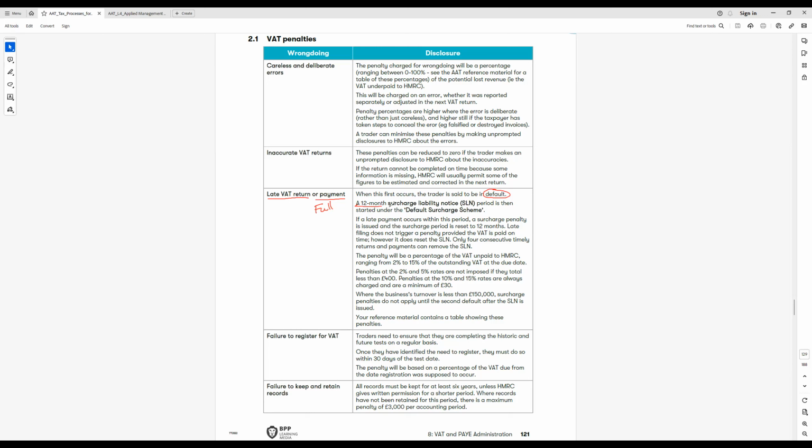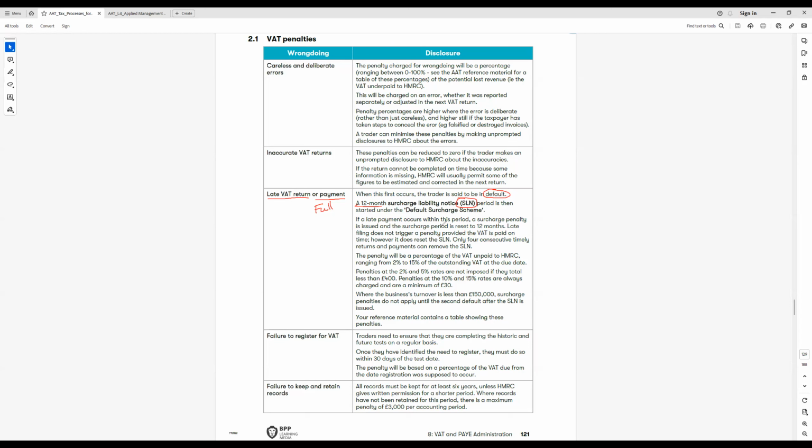If you made a mistake again, or if you're late again, or if you make a payment late again, we'll give you the penalty. So here, this SLN, surcharge liability notice, represents a warning for 12 months when you missed the deadline or the payment deadline the first time.